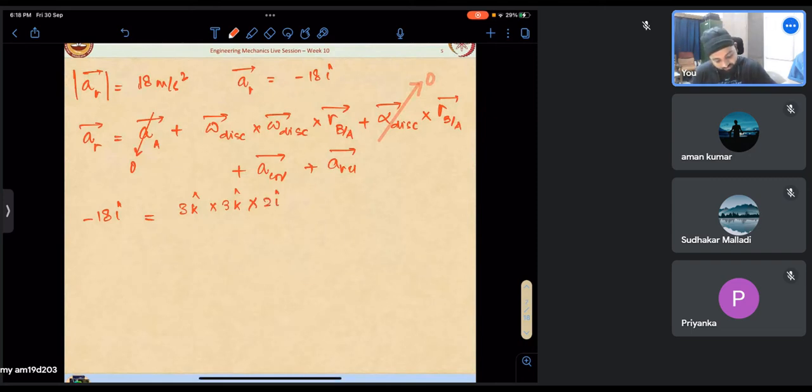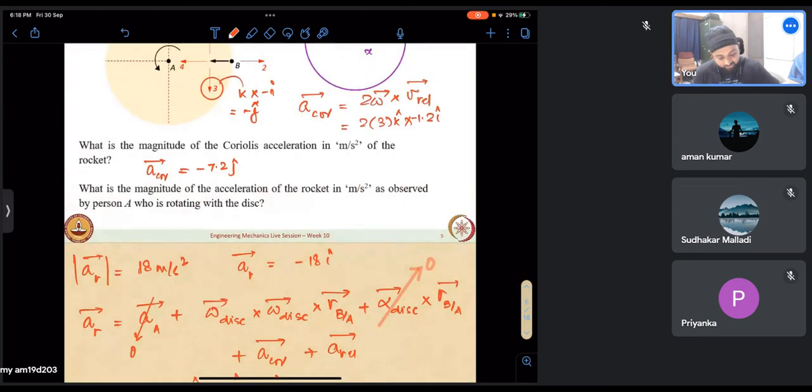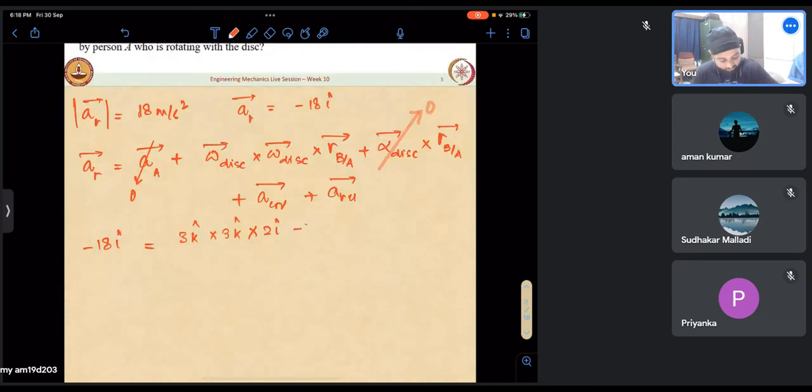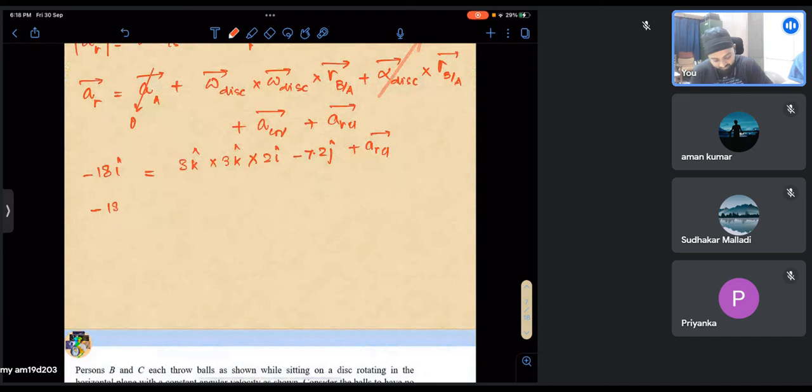Okay. So we have accounted for the centripetal. Then alpha cross R is 0. Then Coriolis acceleration, we just got it as minus 7.2 J cap plus ARL. Let it be ARL for the time being. So if we were to calculate this, we get 3 times 3 times 2 is 18 k, minus 18. Naturally the values are given such that they cancel out, plus ARL.